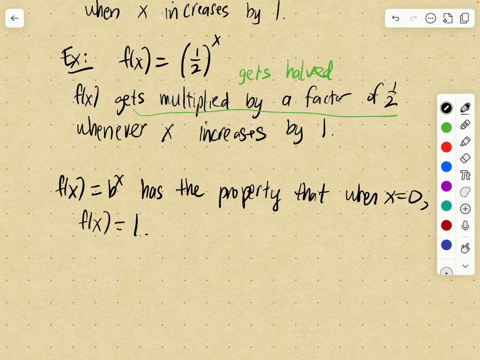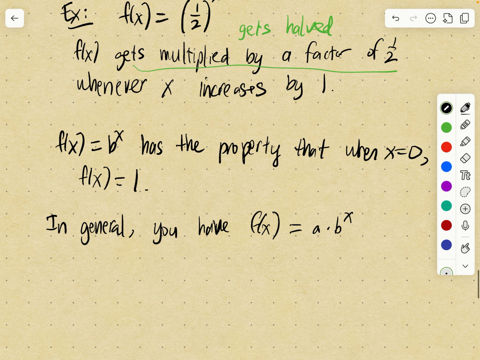Now in general, you can have the function f of x equals, say, a times b to the x. This is also sometimes considered an exponential function. So not just b to the x, you can multiply it by a constant, and it's still considered an exponential function.